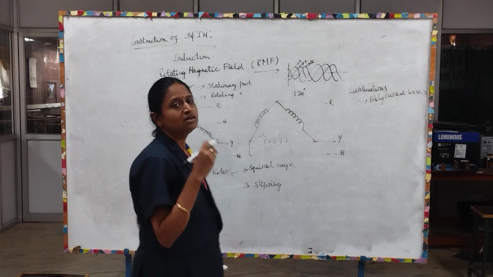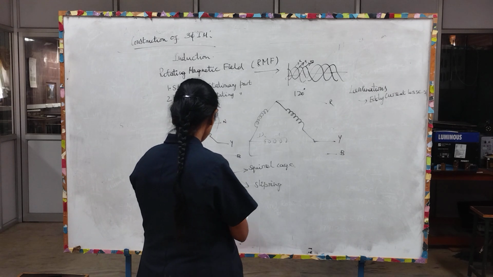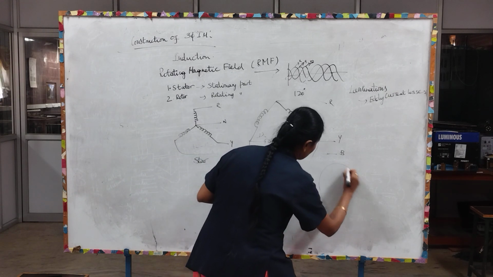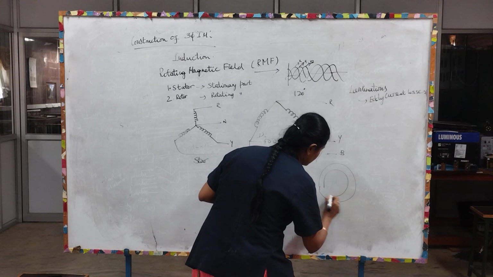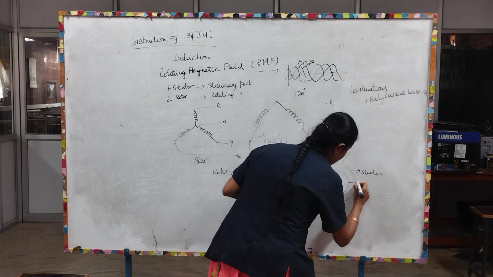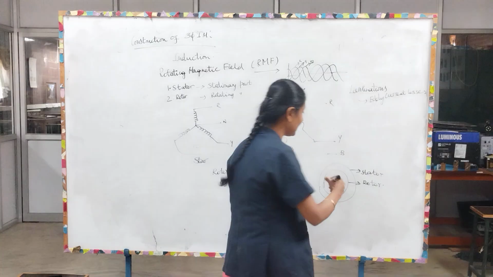For the stator, we have a diagram we can see. Generally we have a stator like this and we have a rotor. This is the outermost part, the stator. This is my rotor, and both stator and rotor are placed inside a casing.